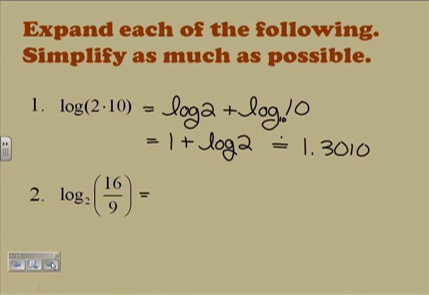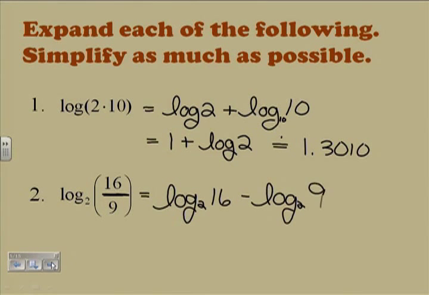Okay, with this guy, we're in base 2, so we're not in Mr. Briggs's common logs. And we have division, that's the big operation going in there. So that says subtract your exponents: minus log base 2 of 9.